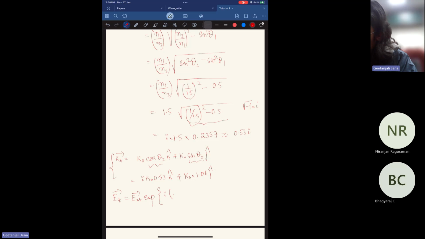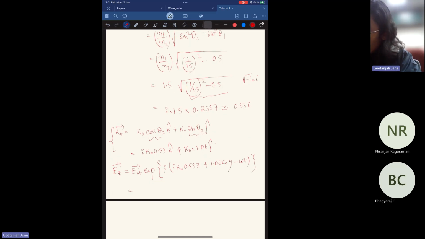Let us write it is I K0 0.53 Z plus 1.06 K0 Y minus omega t. So there is an I here and there is also an I here. So it is minus 1.